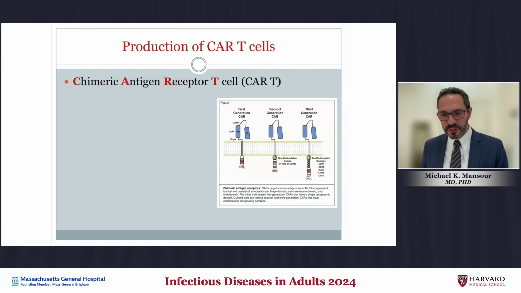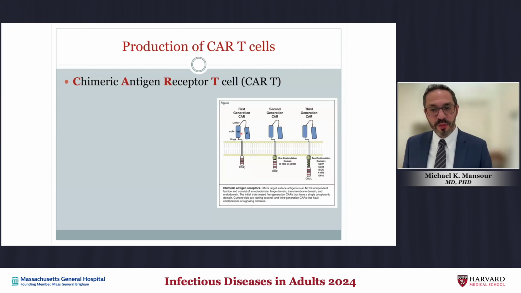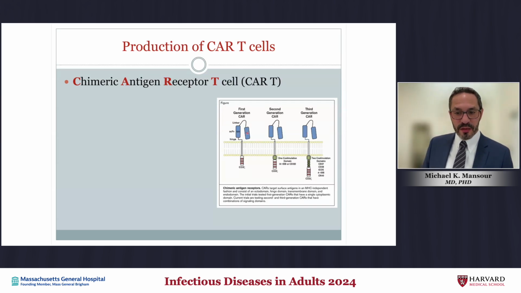So this is just a quick schematic of what the chimeric receptor is that's being inserted into a person's T cells. And so they're composed of basically three components. There's an outer recognition domain. And so this domain comes from an antibody. So let's say this chimeric antigen receptor recognizes lymphoma. It recognizes CD19, okay, on the surface of B-cell lymphoma. This is the recognition domain. Then you have a transmembrane domain, which is attached. And then you have a third component, which is a signaling domain.